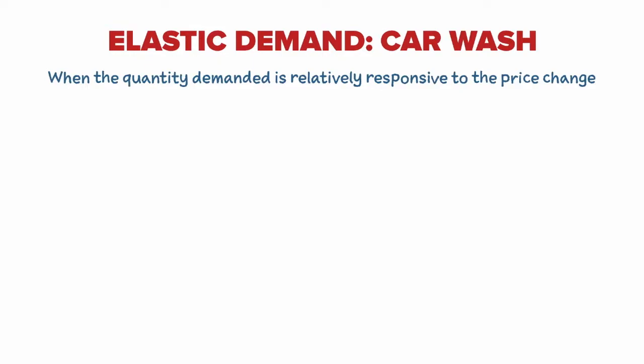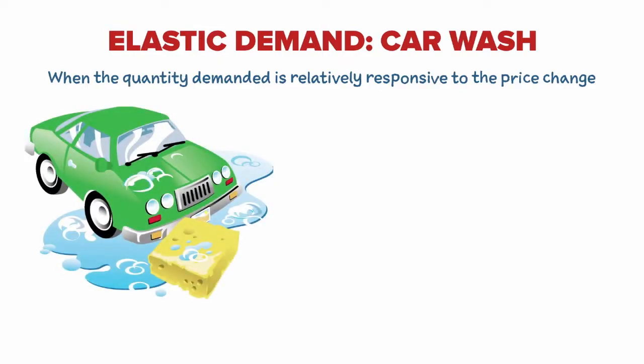To think about this situation, let's consider a car wash market. Imagine if the price of getting your car washed was around $15, but now it is $20, which is an increase of $5, or alternatively, a 33.3% increase.